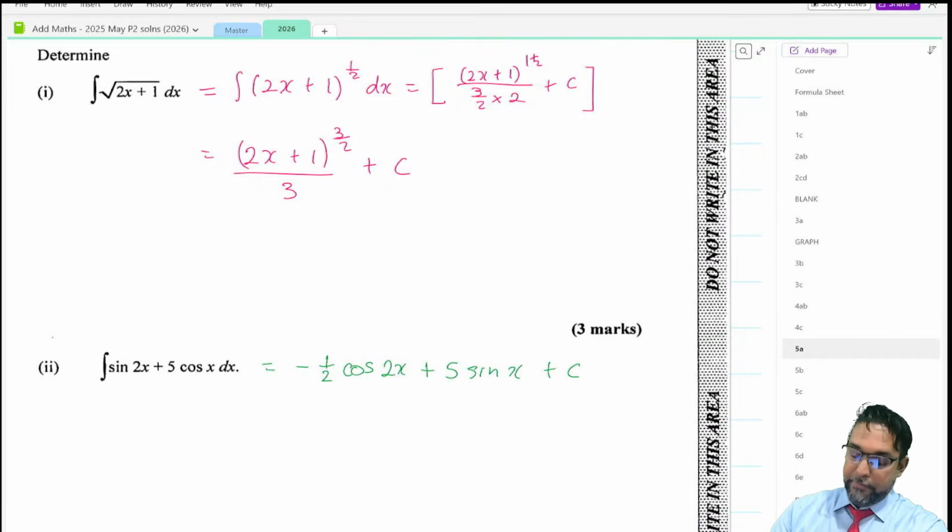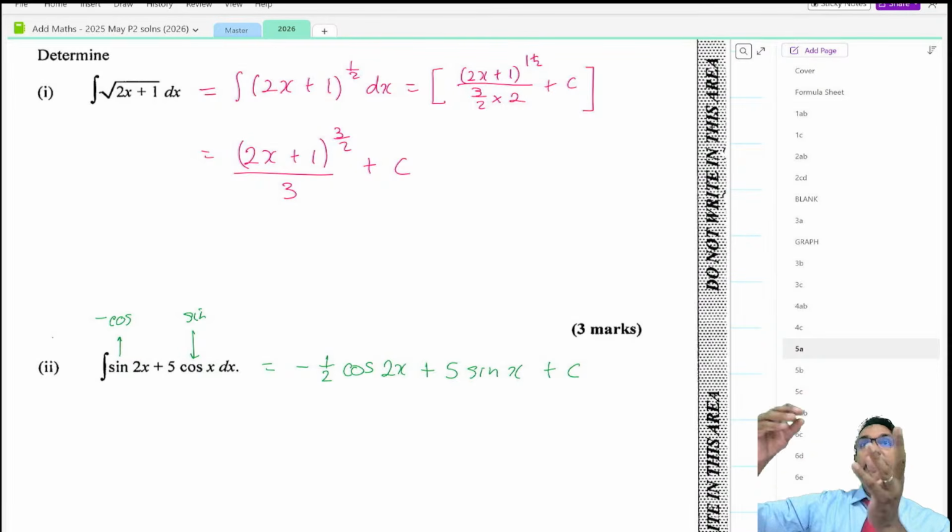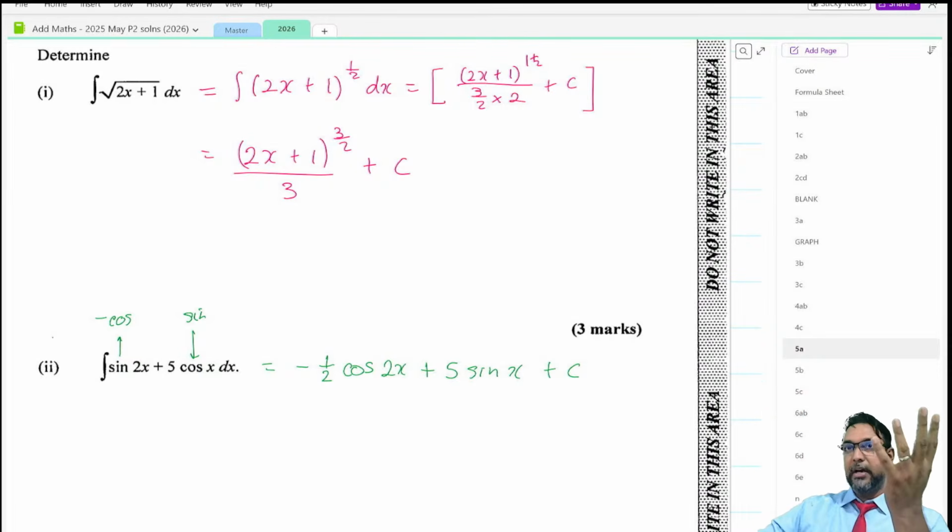If you differentiate sine, you get cos. So if you integrate cos, you get sine. If you differentiate cos, you get minus sine. So if you have a positive sine and you integrate, you get a minus cos. And with the 2x, if we differentiated sin 2x, you would get 2 cos 2x. So if you're going backwards, instead of multiplying by the 2, you'd have to divide by it. Let me show you.